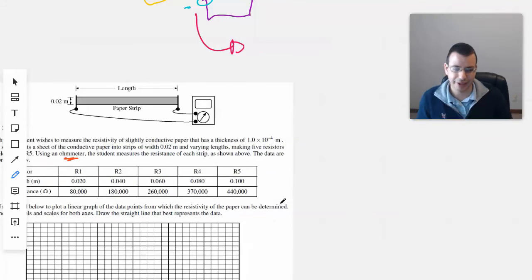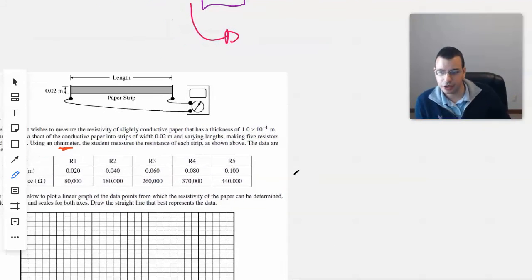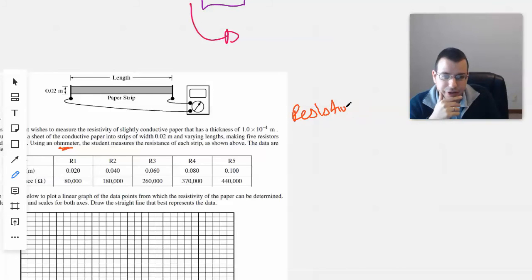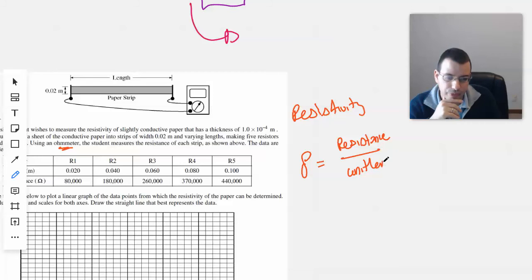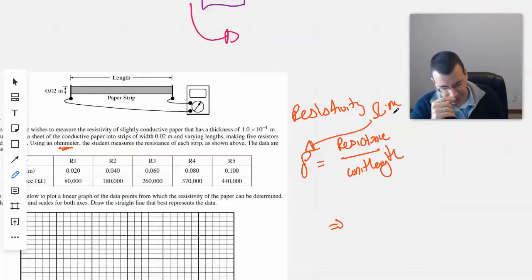So resistivity is, I think they normally use the symbol rho, which bothers me. And it is the resistance per unit length. And the units for this is actually going to be ohm meters.